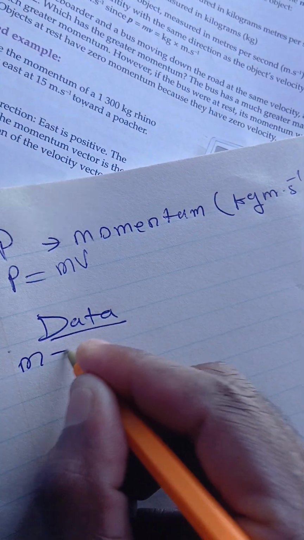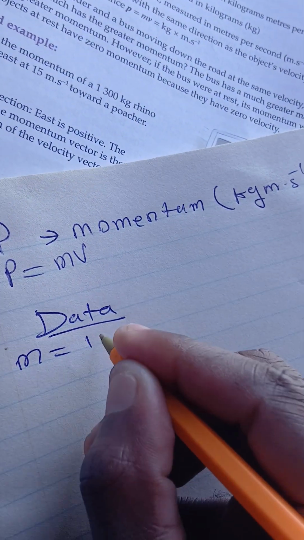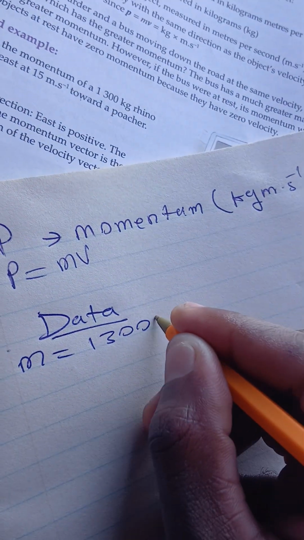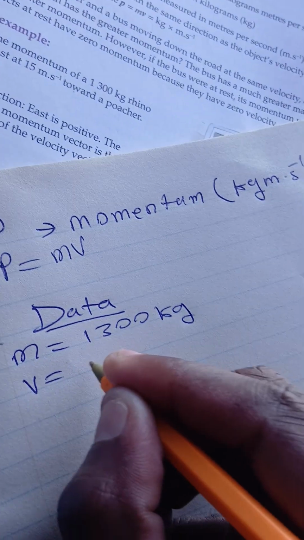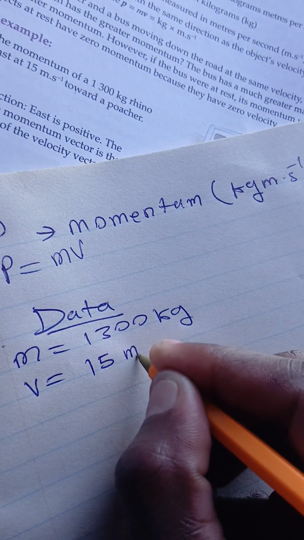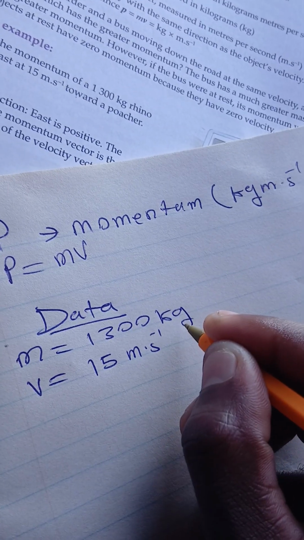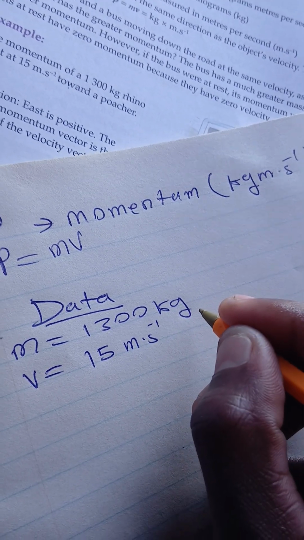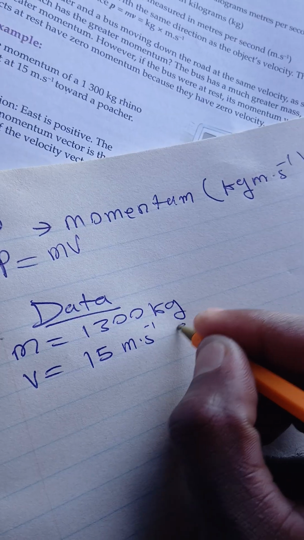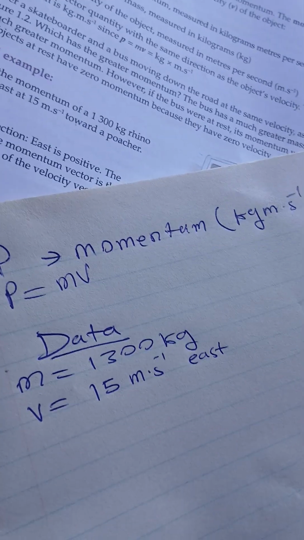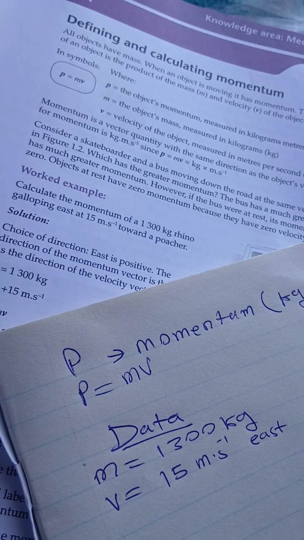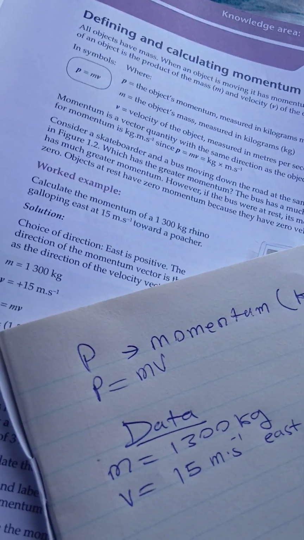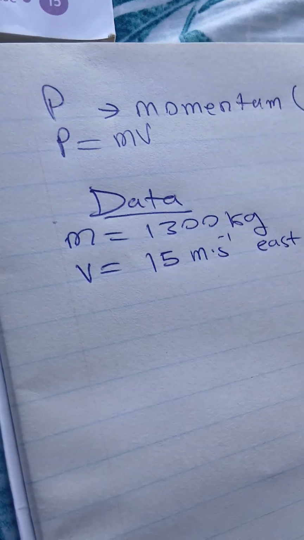So the mass of the object is 1300 kg, and the velocity of the object is 15 meters per second, east, toward the poacher. And you must calculate the momentum.